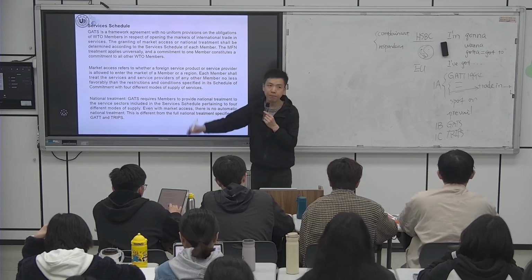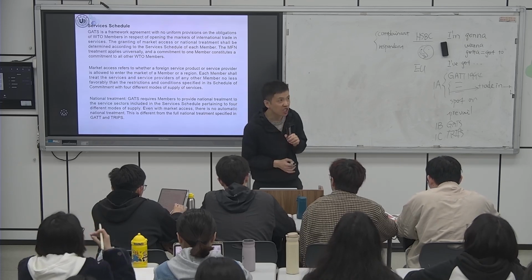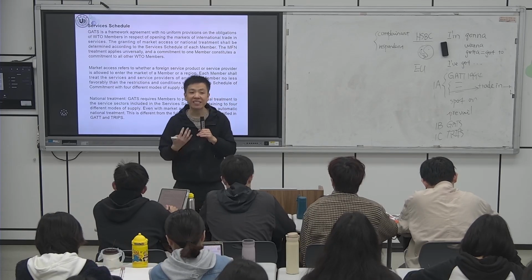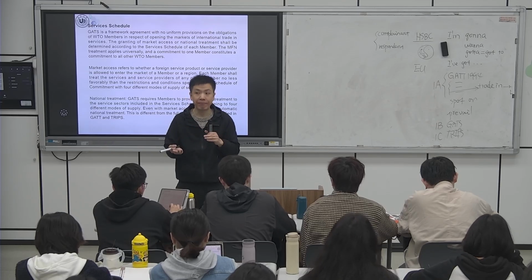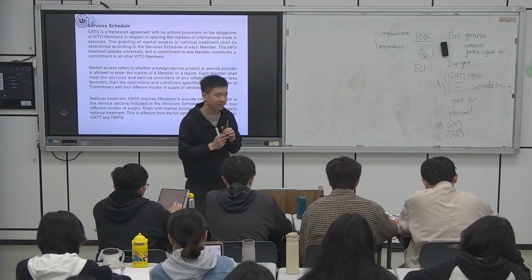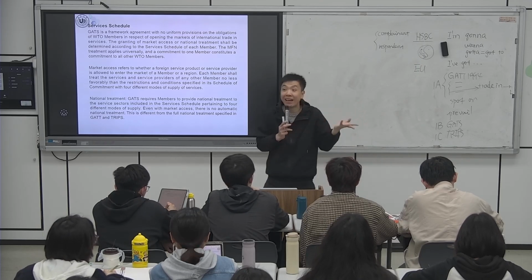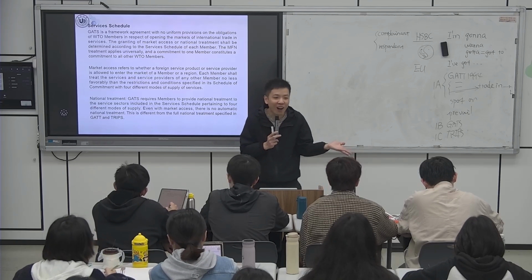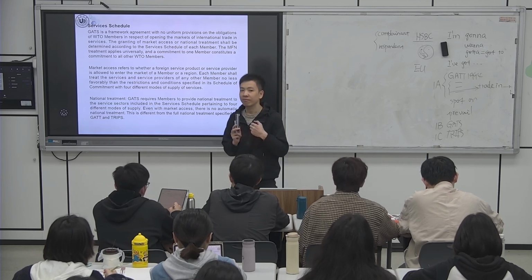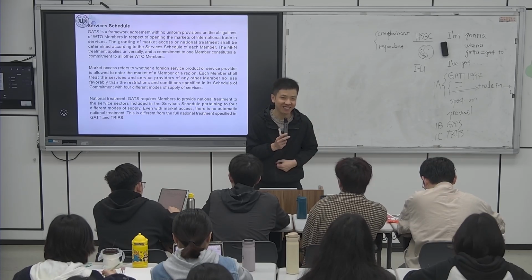Then, on this page, I've told you that each WTO member has its own sovereignty to decide which service sectors it would like to open. Not everything. For example, the banks. In China, in Wenzhou, have you ever seen any branches of foreign banks? Never, right? Why? Because banks, this industry, is very sensitive. They are owned and operated by governments, right?